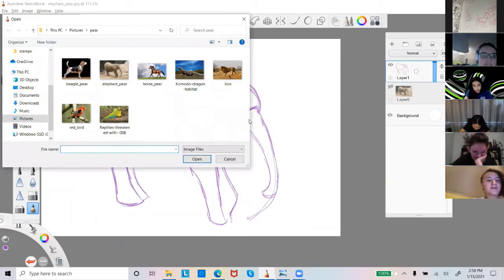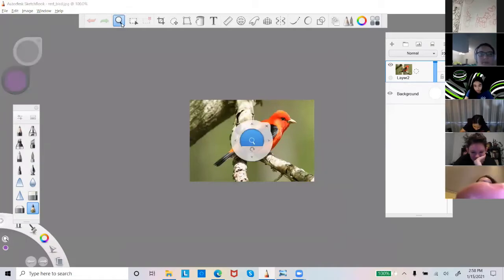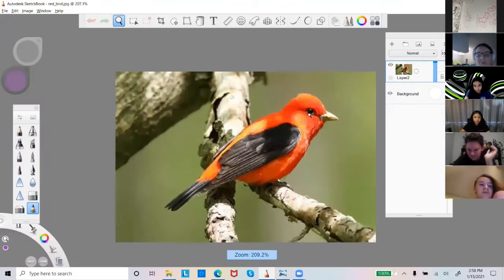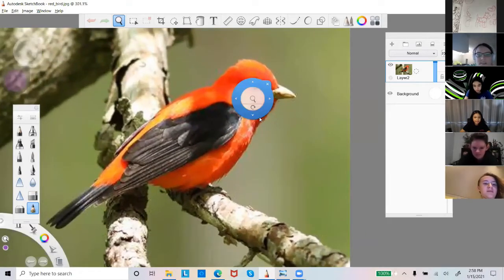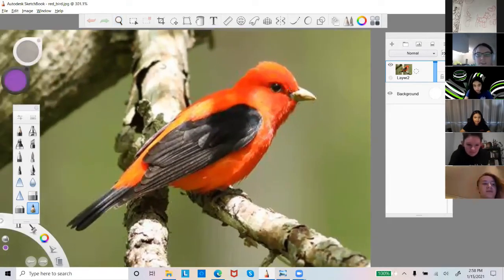All right, let's look at a couple more, but let's look at this bird. So birds are a little harder because they're all covered with feathers. So sometimes it can be hard to see what shapes make them up.